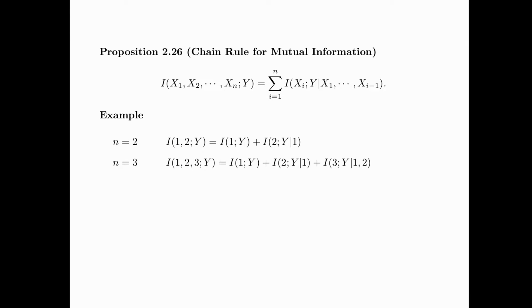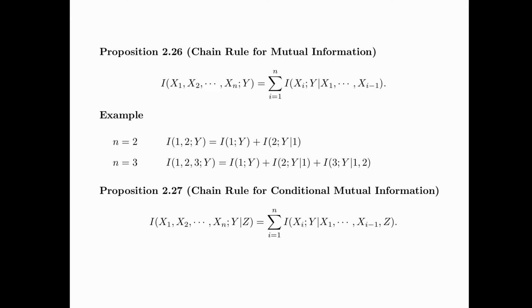For n equals 3, the chain rule says that the mutual information between X1, X2, and X3 and Y is equal to the mutual information between X1 and Y plus the mutual information between X2 and Y given X1 plus the mutual information between X3 and Y given X1 and X2.